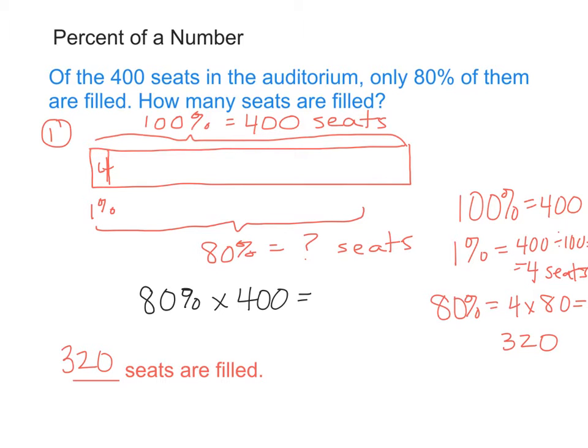And 80% is 80 over 100 times 400. If I reduce my 400 to 4 and my 100 to 1, I got 80 times 4, which is also 320. So I can use the model, find 100%, find 1%, and then 80%. Or I can just take 80% times 400 and make my 80% be 80 over 100.